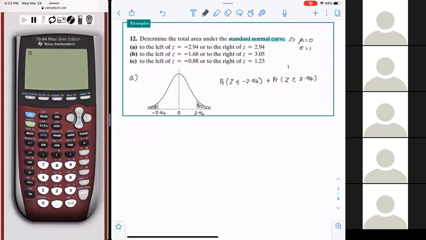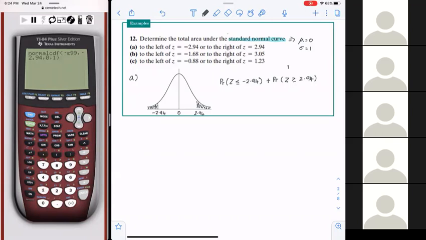Press second vars, the button right next to clear, number 2, and press negative, second, comma, 99. That stands for negative infinity. So negative E99 would mean negative infinity, comma negative 2.94, comma 0, comma 1.